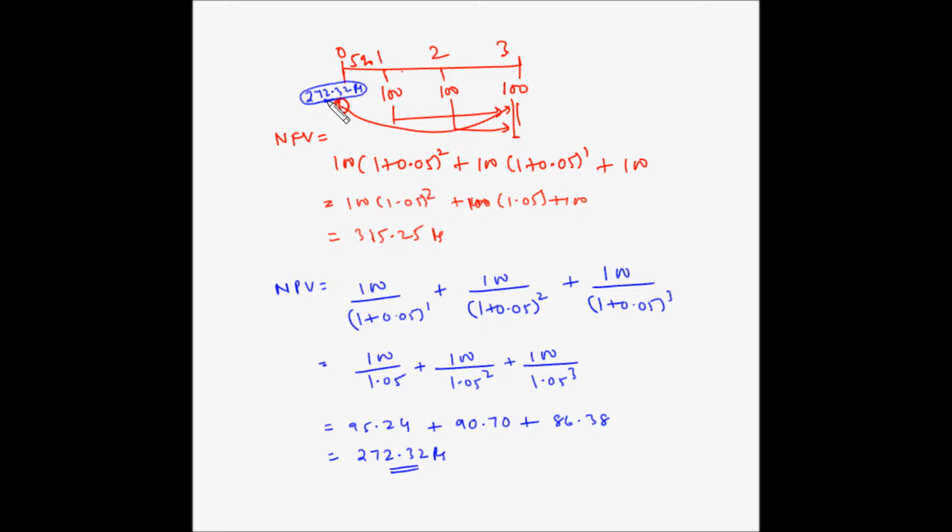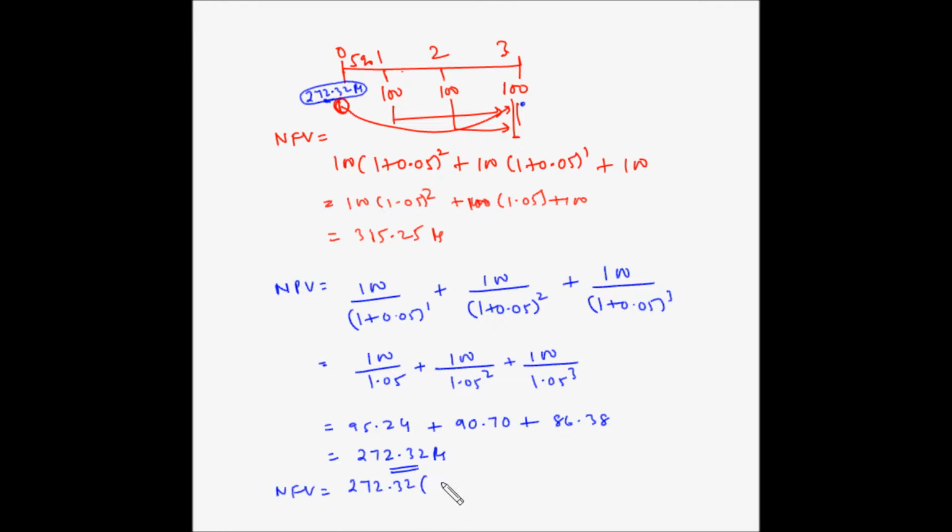Now this can be used to find out the net future value of this cash flow stream, because the future value of 272.32 rupees at 5% for the next 3 years will be the same as the future value of this cash flow stream.